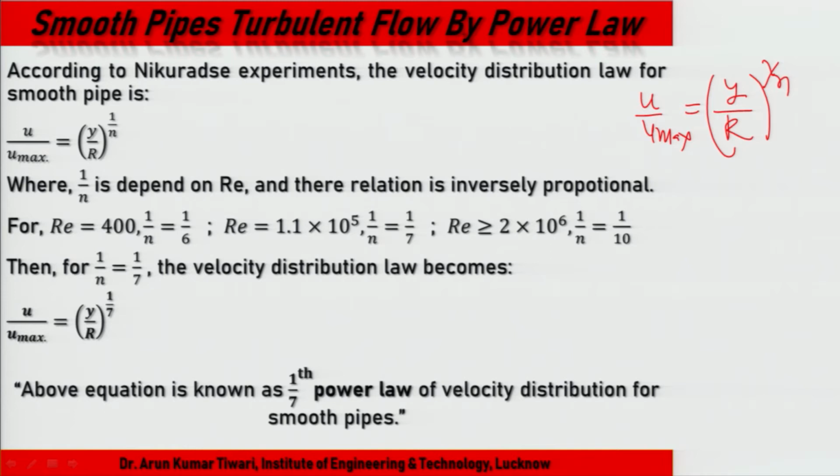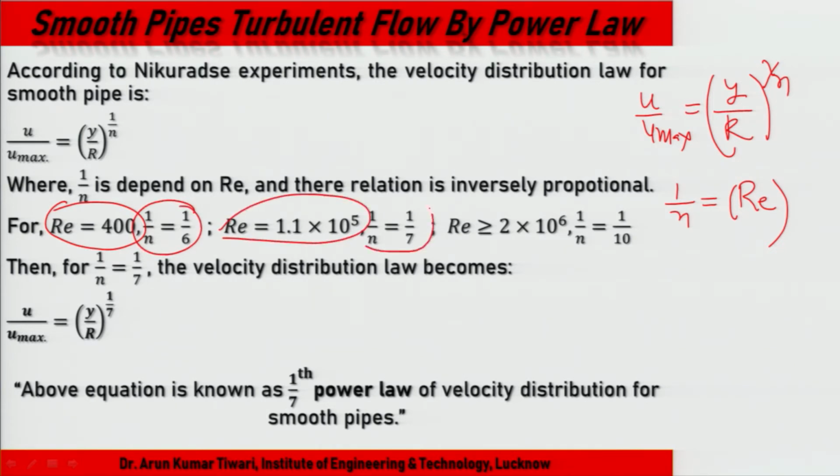The value of 1 upon n depends upon the Reynolds number. For one range of Reynolds number it is 1 by 6, for a higher one 1 by 7, and for a still higher Reynolds number 1 by 10. For this condition we take 1 upon n equal to 1 by 7. This is the power law.